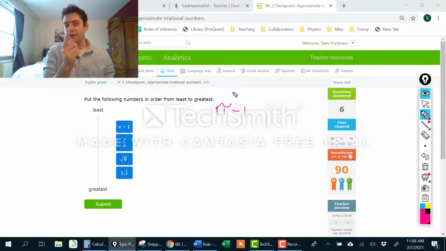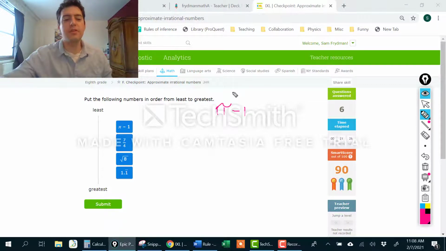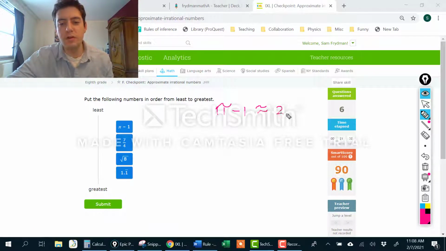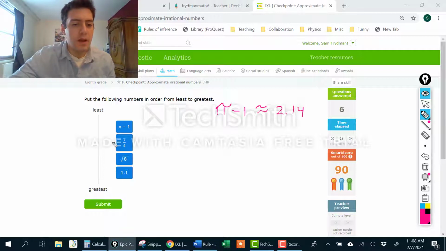I know a lot of you are thinking 3.14 minus 1 is 3.13. Line up the decimals, people. 3.14 minus 1 is 2.14. So this is about 2.14. 7 fourths is just 1 and 3/4, right? So 1.75.